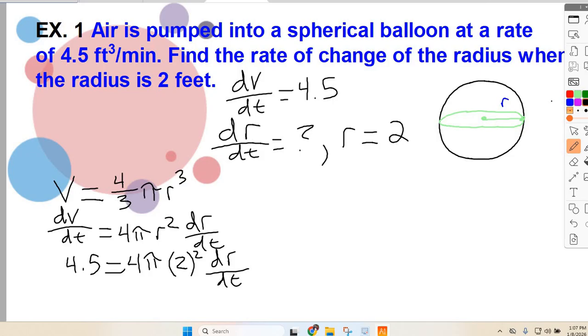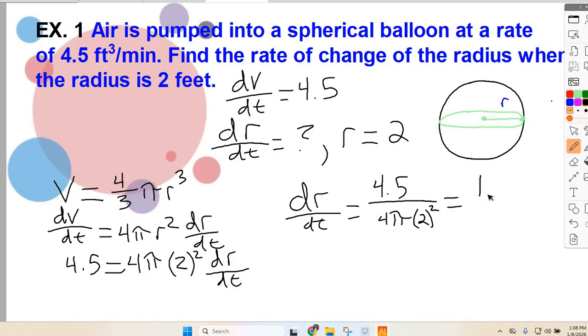I do need to take this one step further, and solve for whatever it is that we're looking for, which in this case is dr dt. Now, that would be a valid answer. Even though I haven't simplified it, we don't have to simplify it. Once I've solved for whatever it is that we're needing, that can be my final answer. But if we wanted to simplify a little bit, we can have 4.5 over 16 pi.